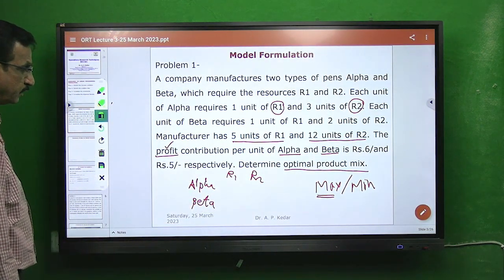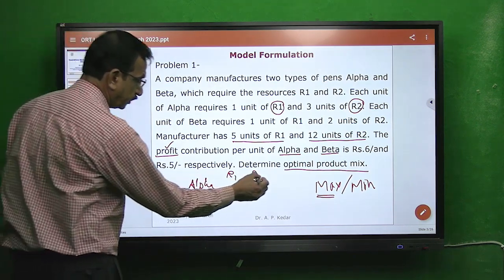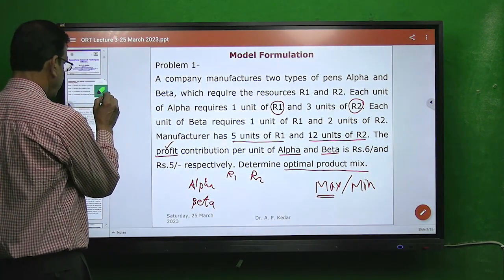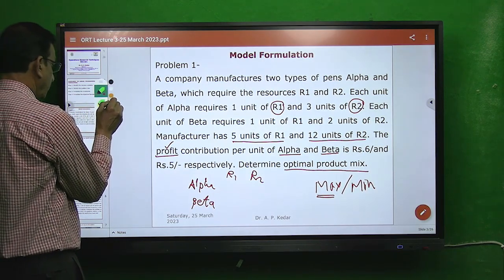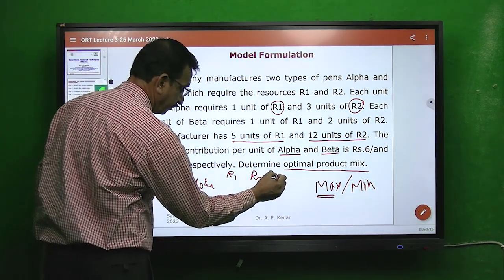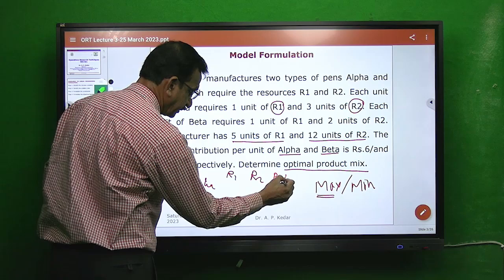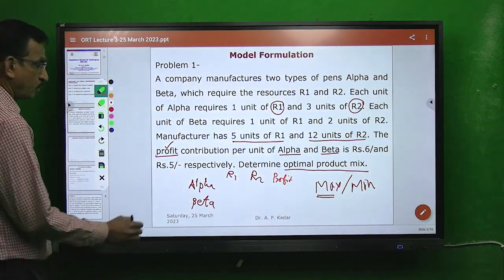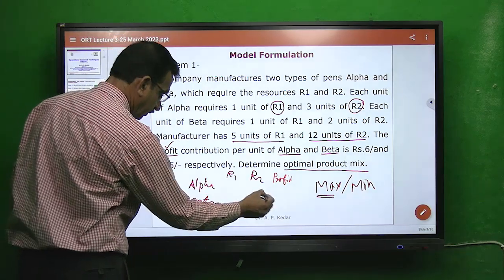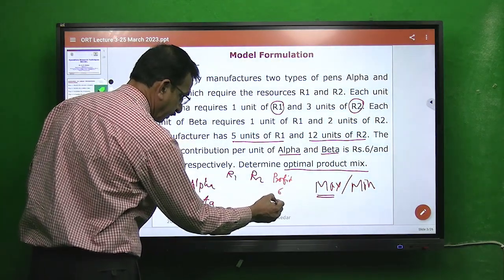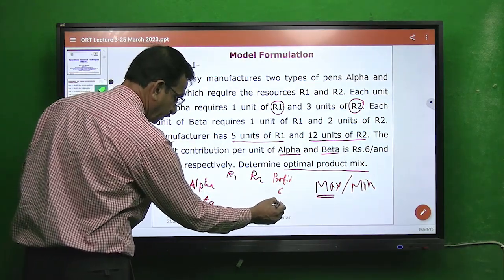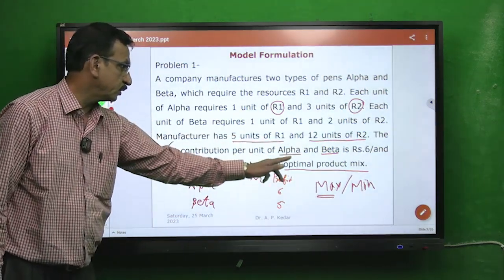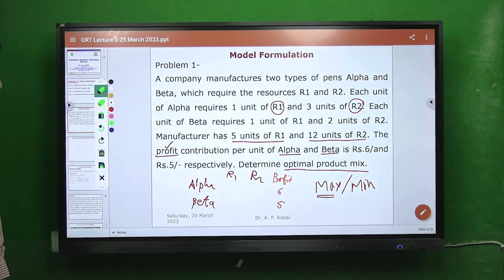And you have the profit per unit of alpha and beta mentioned as rupees 6 on alpha and rupees 5 on beta. I have taken these values from the data given.